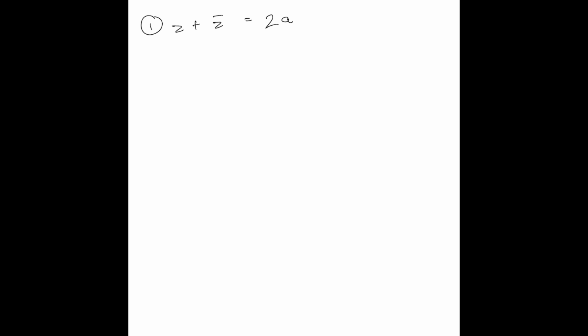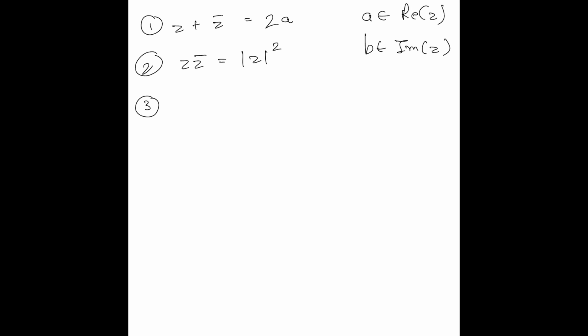We can denote a is equal to Re z and b is equal to Im z, the real part and the imaginary part. Another property is when we multiply the conjugate with its complex number, we get the square of its modulus.